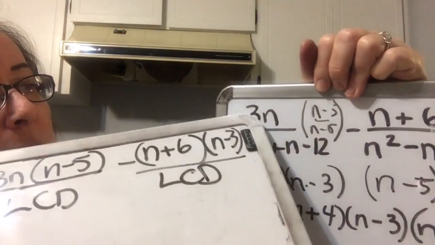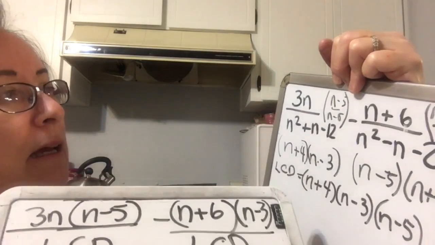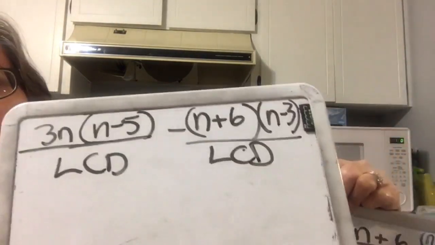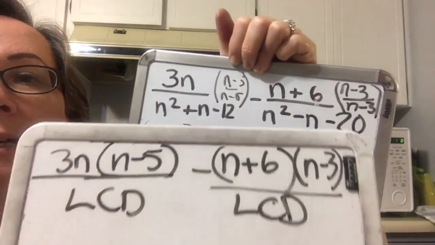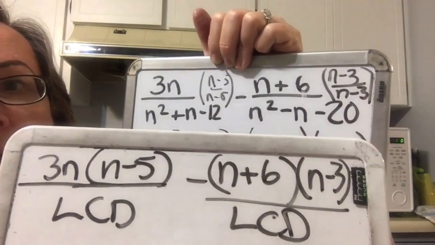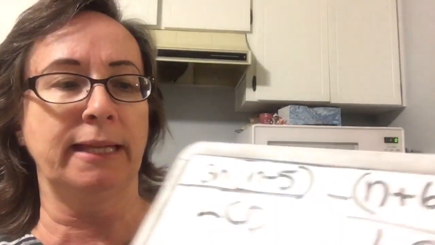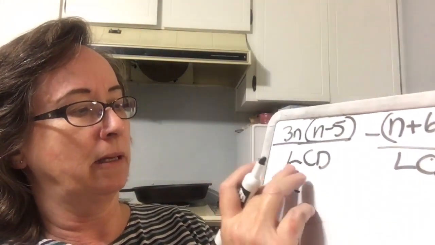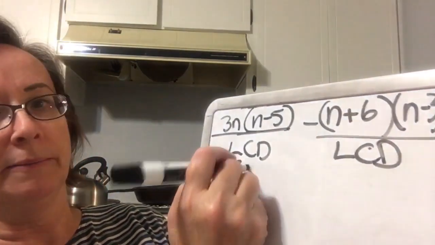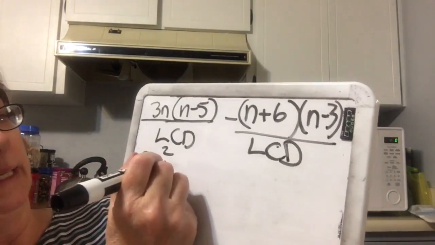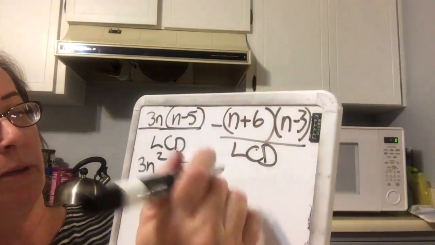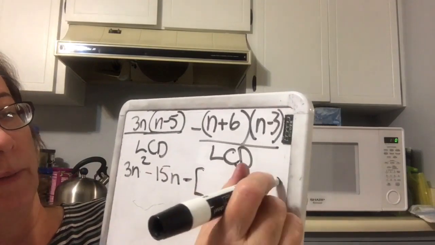So 3n times the n minus 5 over the LCD, and then minus, in the middle, n plus 6 times n minus 3. When I distribute these out, I'm going to get 3n squared minus 15n, and then I'm going to distribute this, leaving the minus out for a minute.